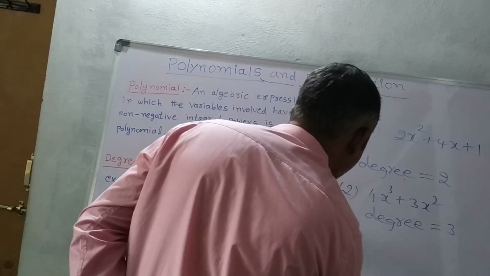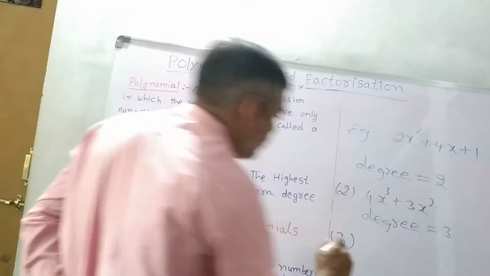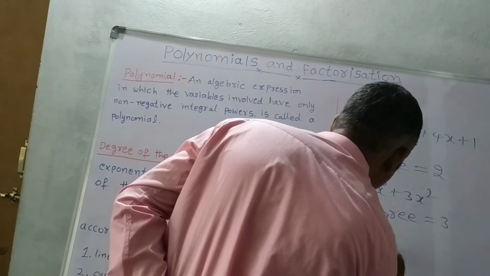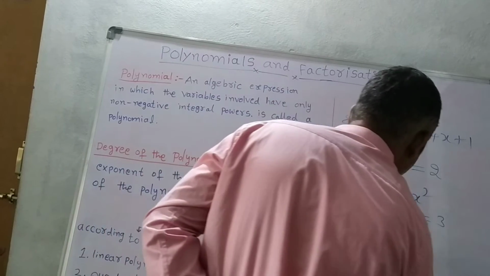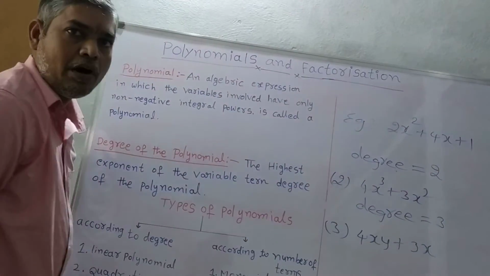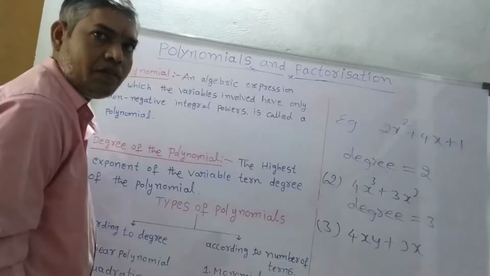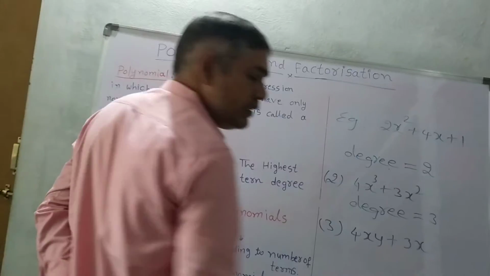Now example number 3. Now we are considering another example: 4xy plus 3x. This is also a polynomial, with two variables, x and y, in the first term and only x in the second term.